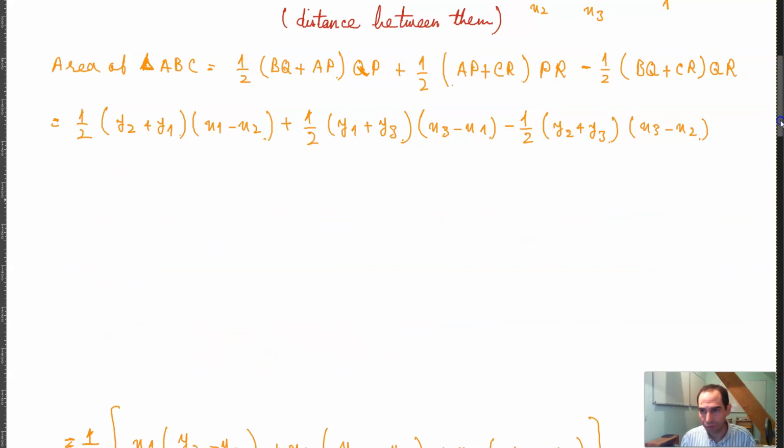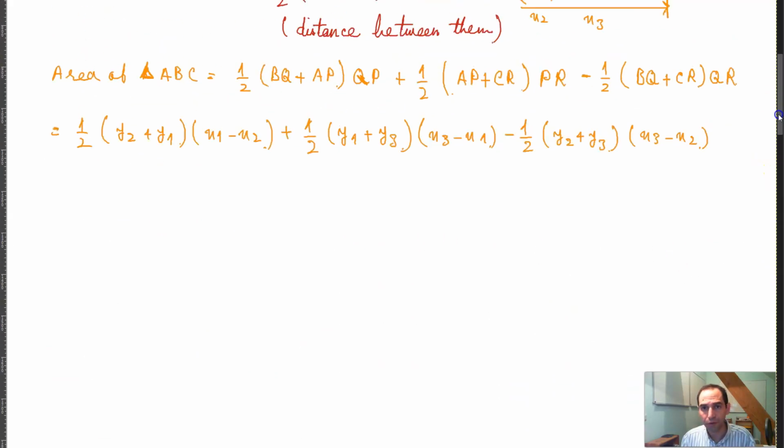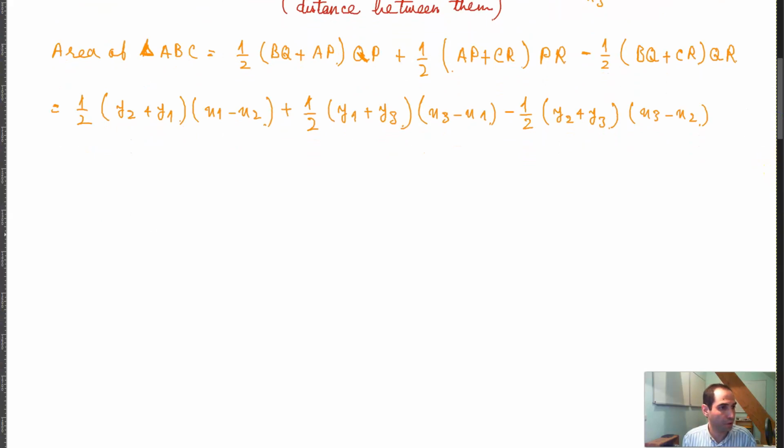You need to multiply, and then there are some common terms that you can cancel out, and then you will get to the area.